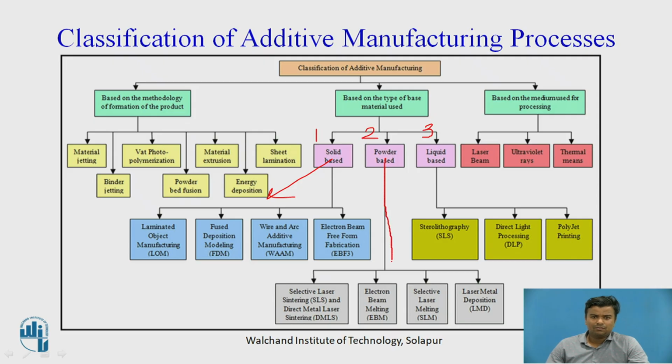In powder based, where the material is in powder form, there is selective laser sintering, selective laser melting, electron beam melting, laser metal deposition. In liquid based, there is stereolithography, digital light processing, multi-jet printing. So with the help of the form of the material, you can classify the additive manufacturing processes. For different applications, you can use different additive manufacturing processes in the 3D printer.